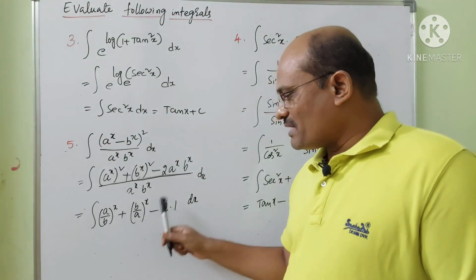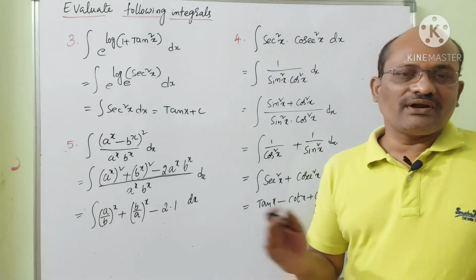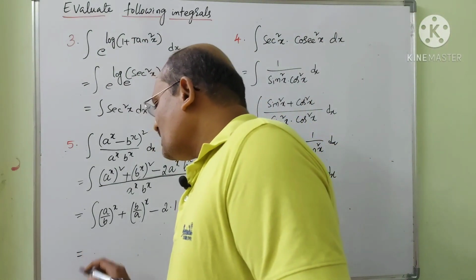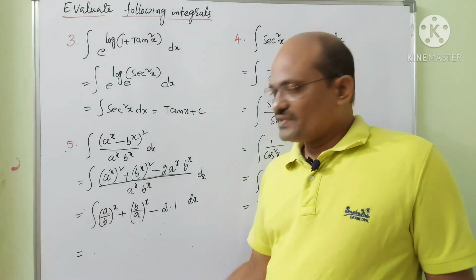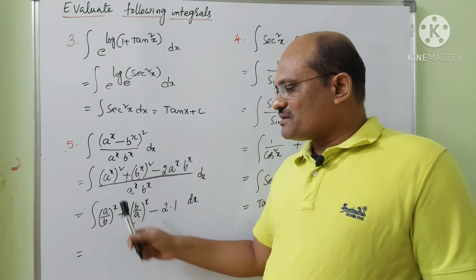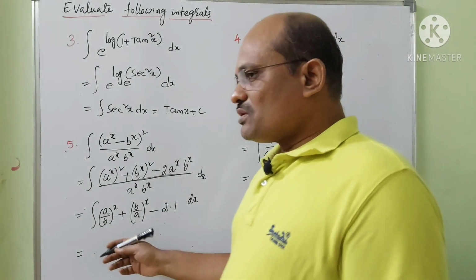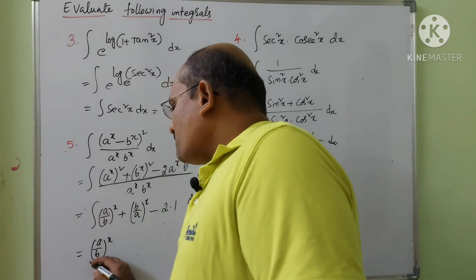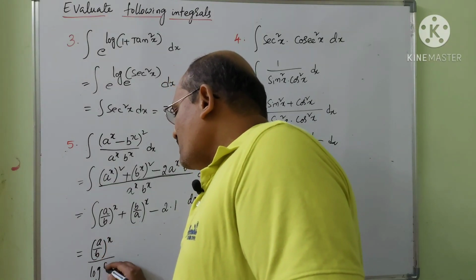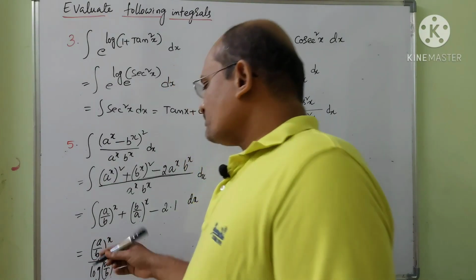Here we have plus and minus. When plus and minus are there, you have to integrate separately. If you observe, this is in the form of a power x: a by b power x, constant power x. So the formula gives a by b power x by log a by b.